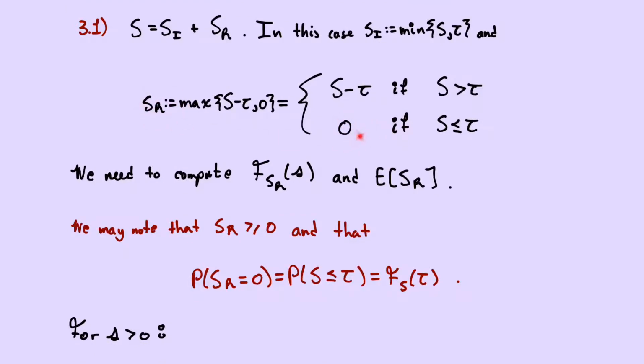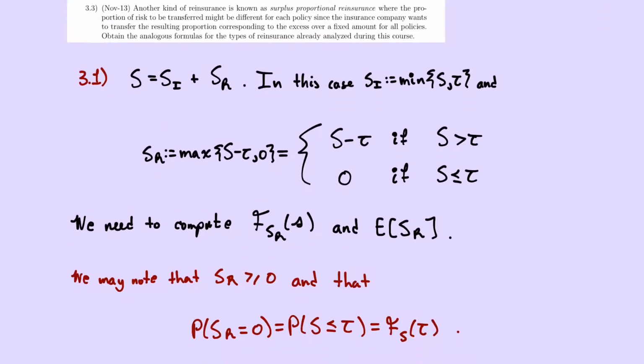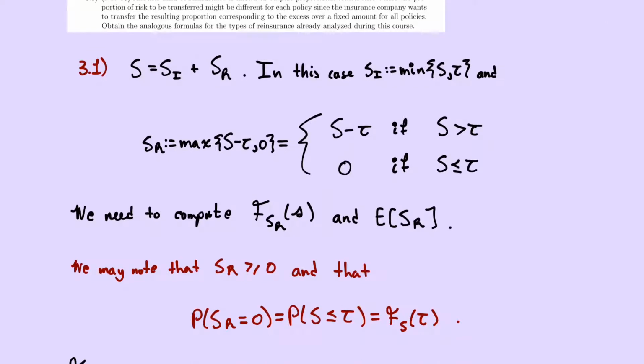That's what it represents. Okay, so for this exercise, we have to compute first the distribution function of this random variable SR, obviously in terms of the distribution function of the random variable S. Okay, and with that we have to compute the expected value of the random variable SR. Why the expected value?